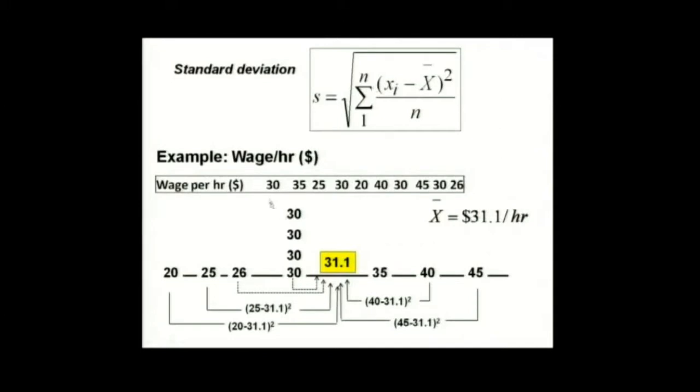You have some values that are lower than the mean and some values that are higher than the mean. The difference between the lower values and the mean would be negative, and the difference between the higher values and the mean would be positive, and the positive and the negative will offset each other and give you a sum of 0. That's why we have to square each individual term in order to obtain the standard deviation.